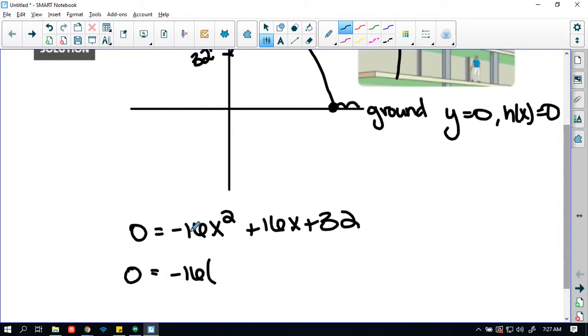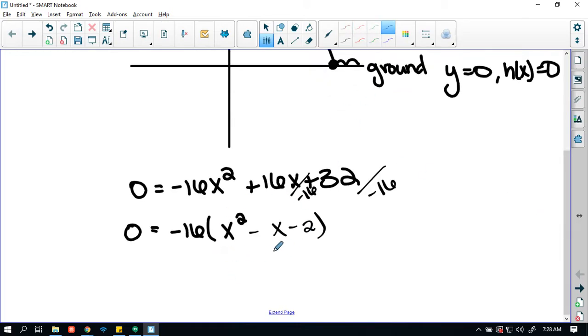Negative 16x squared divided by negative 16 will leave me just x squared. Then I have 16x. I'm going to divide that by negative 16. That's going to leave me with a negative x, because remember, a positive divided by a negative would be a negative. 32 divided by negative 16. Again, a positive divided by a negative is going to be a negative. 32 divided by 16 will be 2.